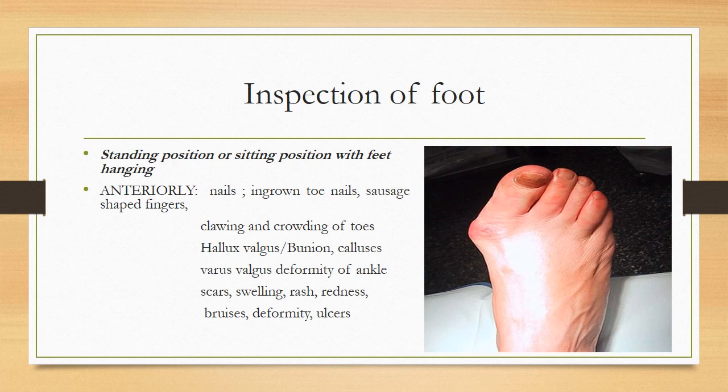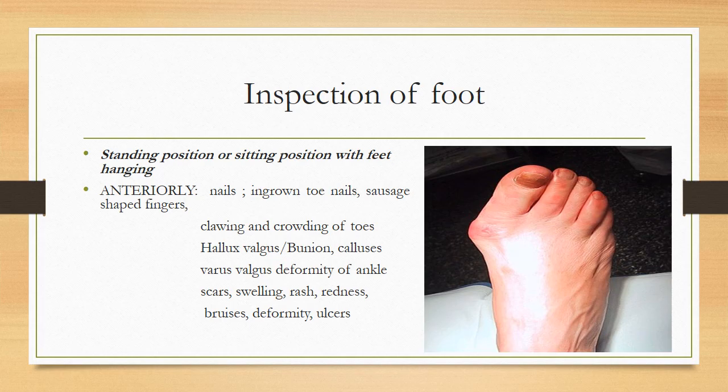Next is inspection of the foot, which is normally done in the standing position or sitting position with feet hanging downwards. For the foot inspection, you have to do it anteriorly, medially, laterally, posteriorly, inferiorly, and in between the toes. Starting from anteriorly, firstly comes the nails.